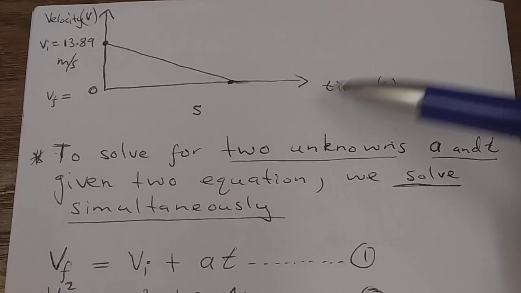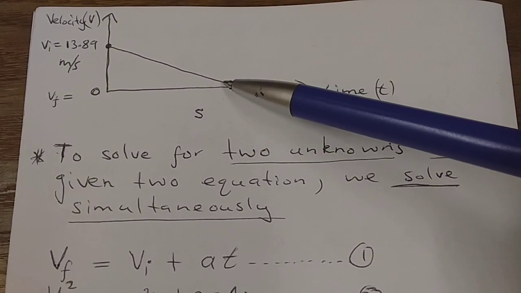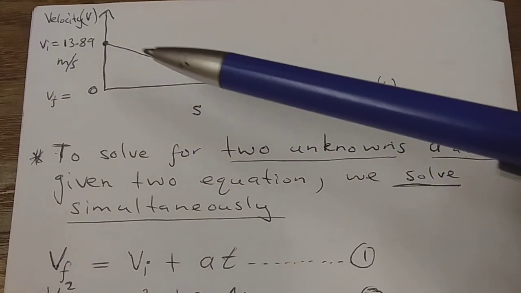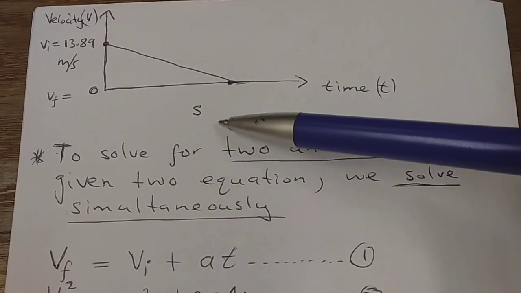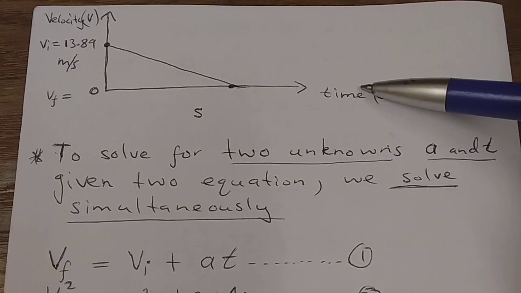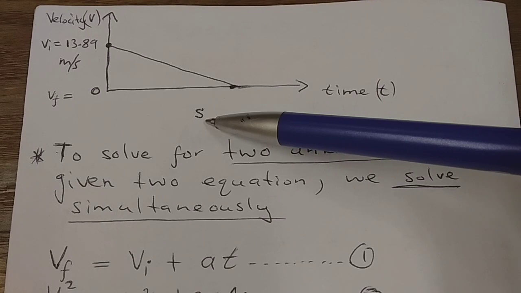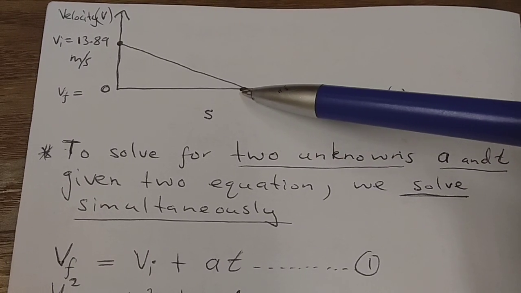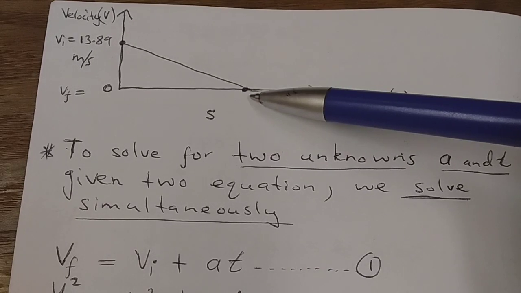Here I have put a sketch of what is happening, whereby I drew the velocity versus time graph, and the time is in seconds. Here is the intersection whereby the distance was 35.